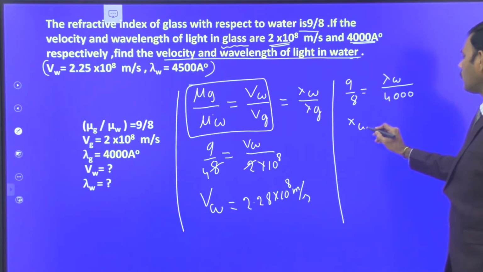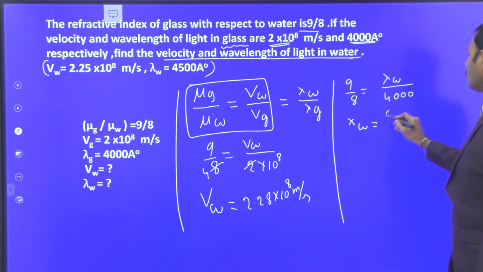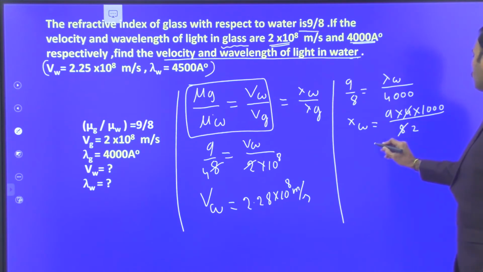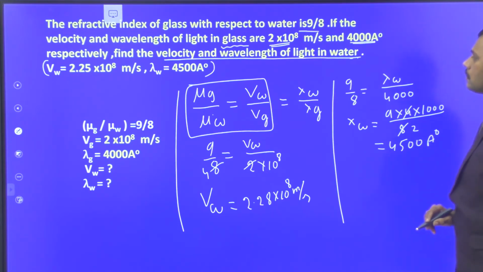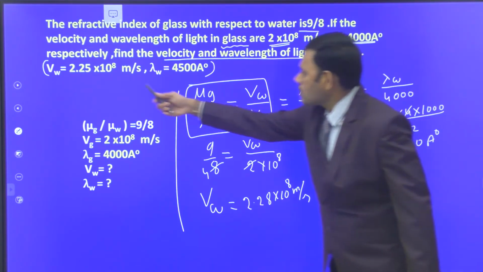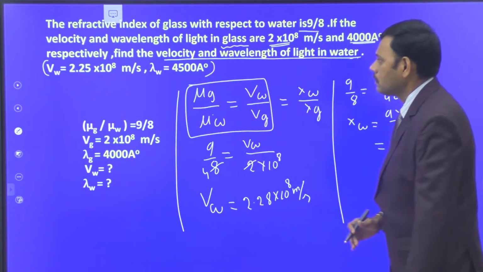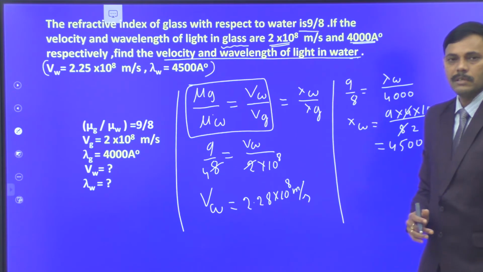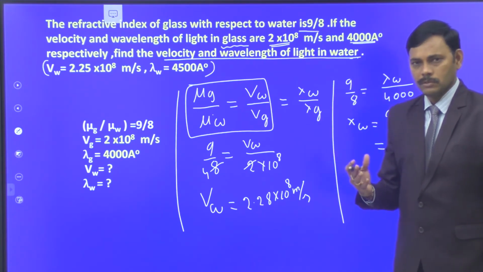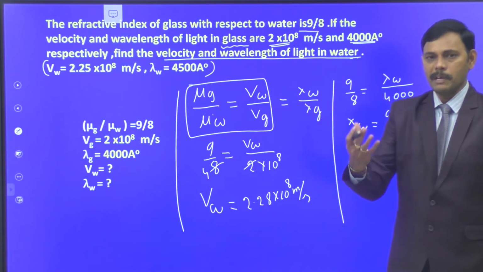So wavelength in water is equal to 9 into 4 into 1000 divided by 8, that is 9 by 2, which means 4.5 into 1000. So 4500 angstrom units is the wavelength. So we get the velocity in water as 2.25 into 10 power 8 meters per second and wavelength in water 4500 angstrom units. This problem belongs to refraction through different media.